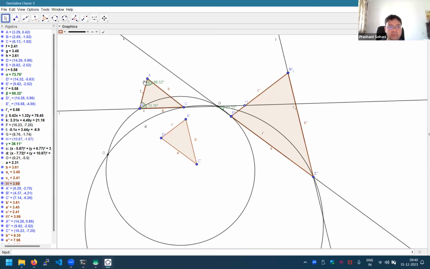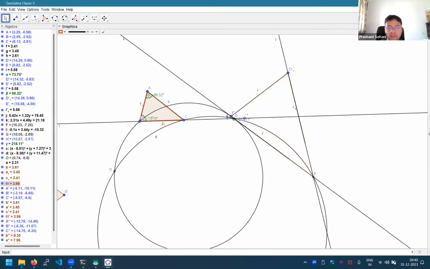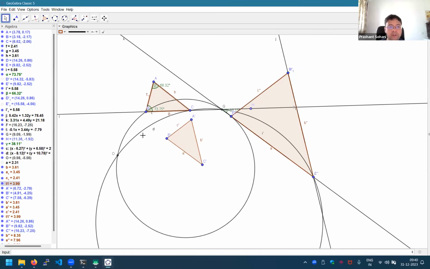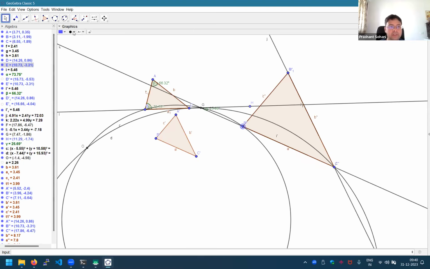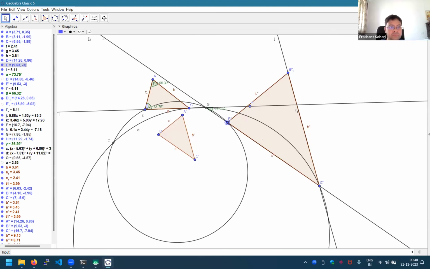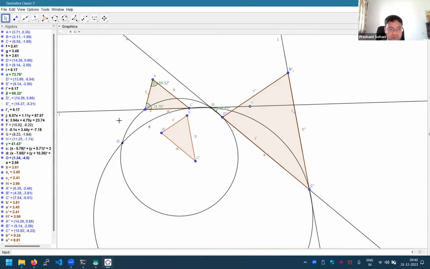And so if I make any changes to my diagram, like if I rotate or anything, then this point O automatically changes its position. Okay. And just for completion, we could also draw the circle through points A and A dash, or D. Now that has coincided with A dash now here.